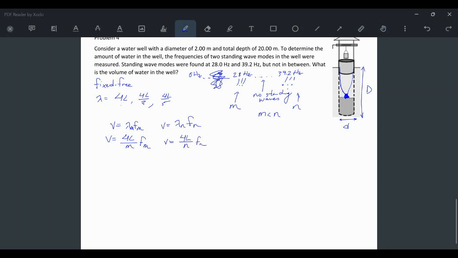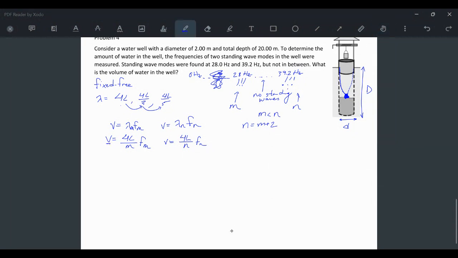But because we know the relationship here between the harmonic numbers, this actually means n is greater than m, so n is equal to m plus 2. We can sub that in right here, and suddenly we don't have to worry about two variables. And the reason that we can do the plus 2 is because we know they're consecutive. So if m is 5, then n has to be 7. If m is 11, n has to be 13, that kind of thing.